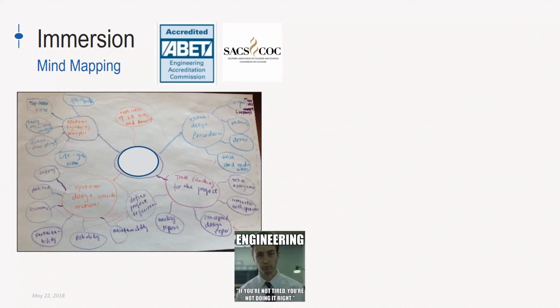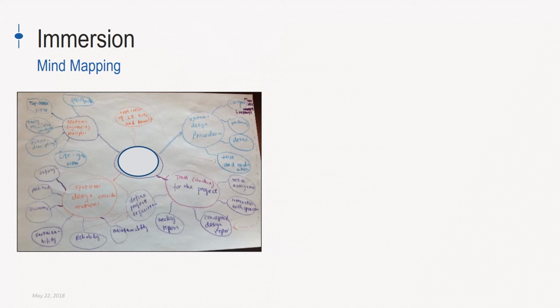So bringing all of that together and making our nodes for the mind map, we pulled out the big ideas, the big conceptual knowledge points for each course. And each time we met, we added other nodes in different colors to represent the skills that students needed to know. And then we made lines to connect, putting all the chart papers together and aligning the course through the student's journey in the engineering program.